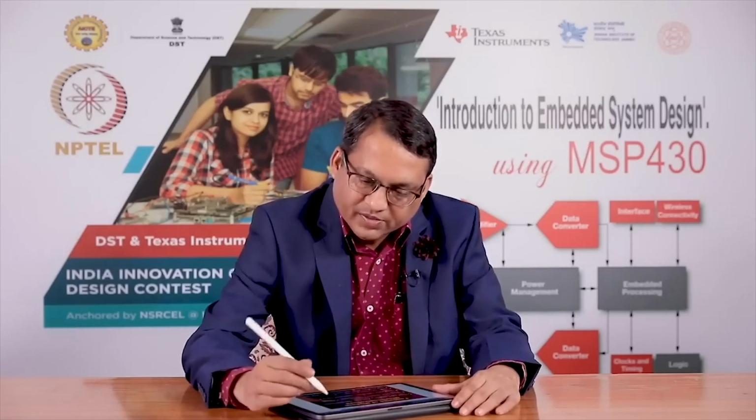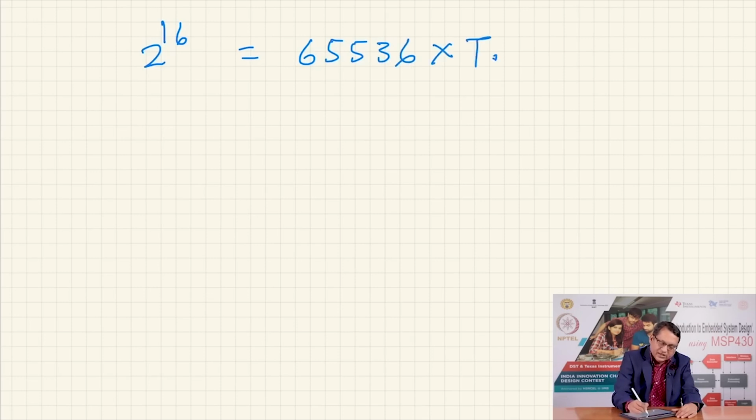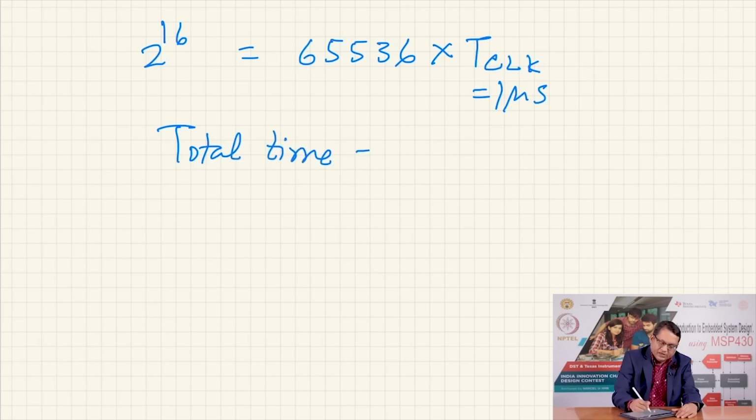Let me explain. If I have a timer with 16 bits, that means it can count 2 raised to power 16 clock pulses, which is equal to 65536 clock pulses. And if the clock period is TCLK, say 1 microsecond, then the total time that the timer will be able to measure for you is 65.536 milliseconds.